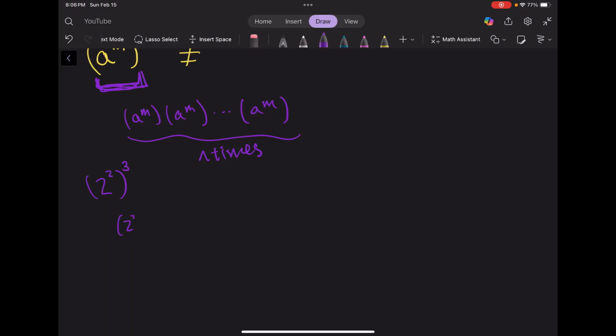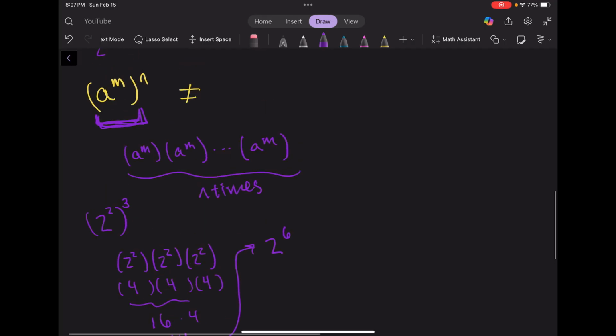So we have 2 squared times 2 squared times 2 squared. So this is 4 times 4 times 4. This is 16 times 4 is 64, which, notice, is the same thing as 2 to the 6th power.